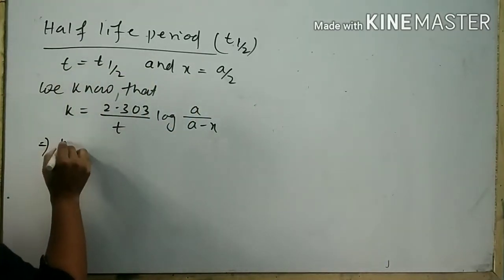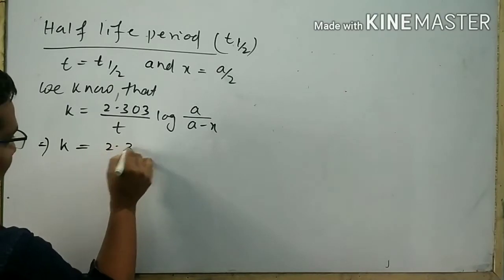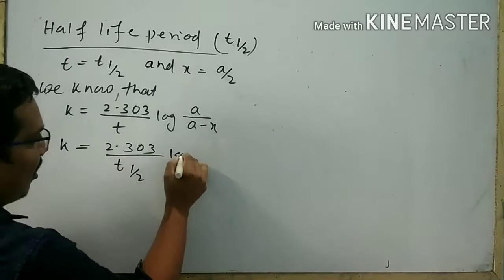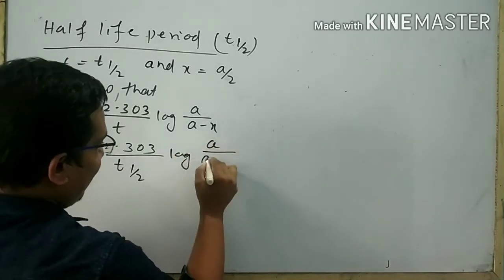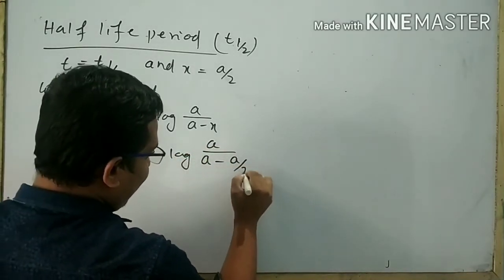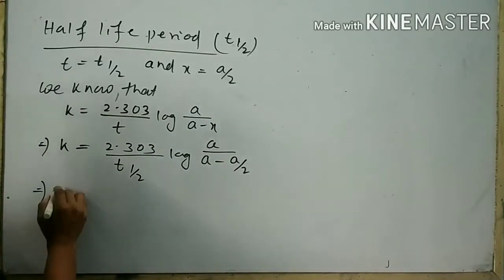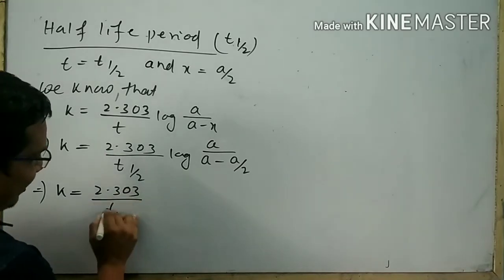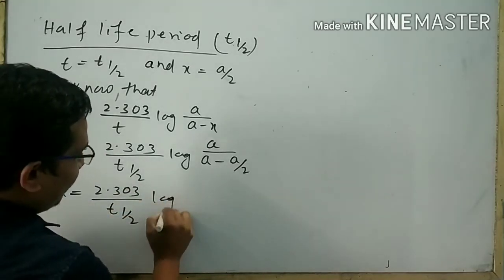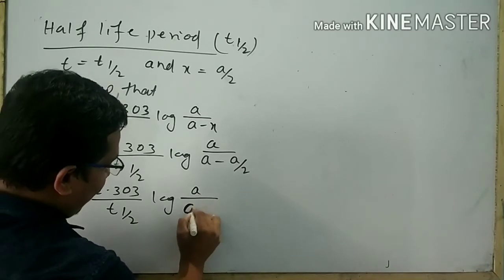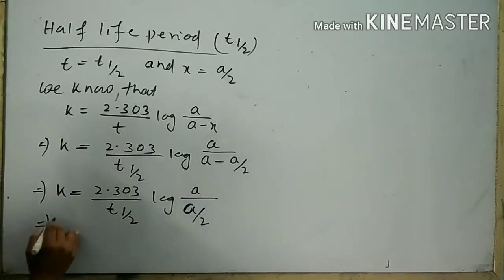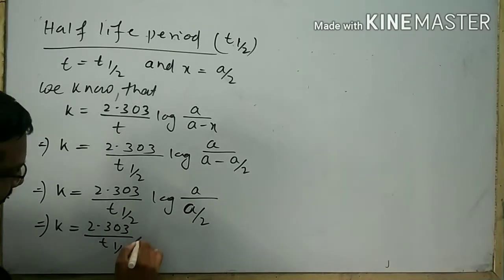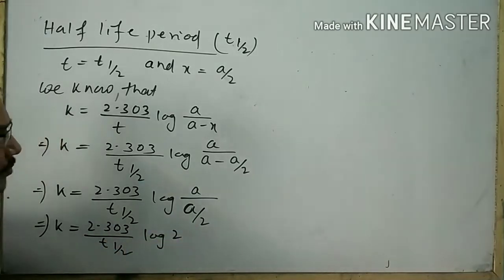We can write k is equal to 2.303 divided by t half log of a by (a minus a by 2). Now I can write k is equal to 2.303 divided by t half log of a by (a by 2), that means k is equal to 2.303 divided by t half log 2.